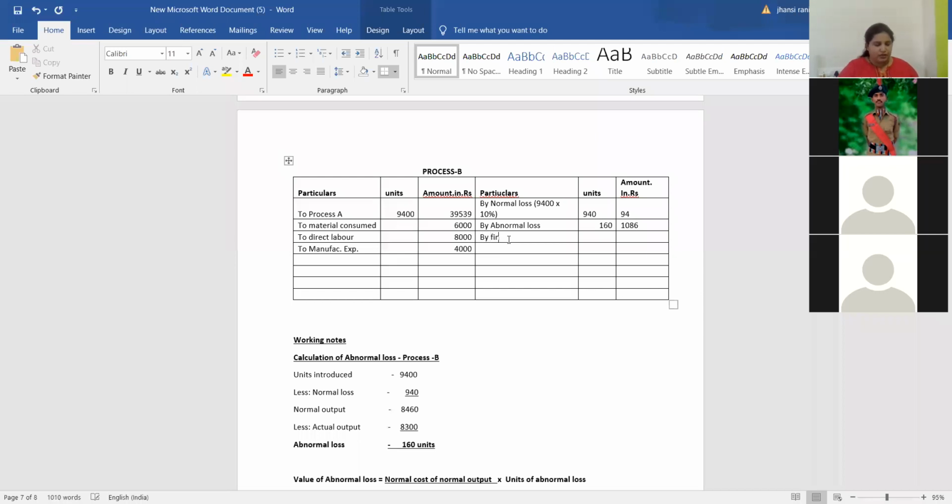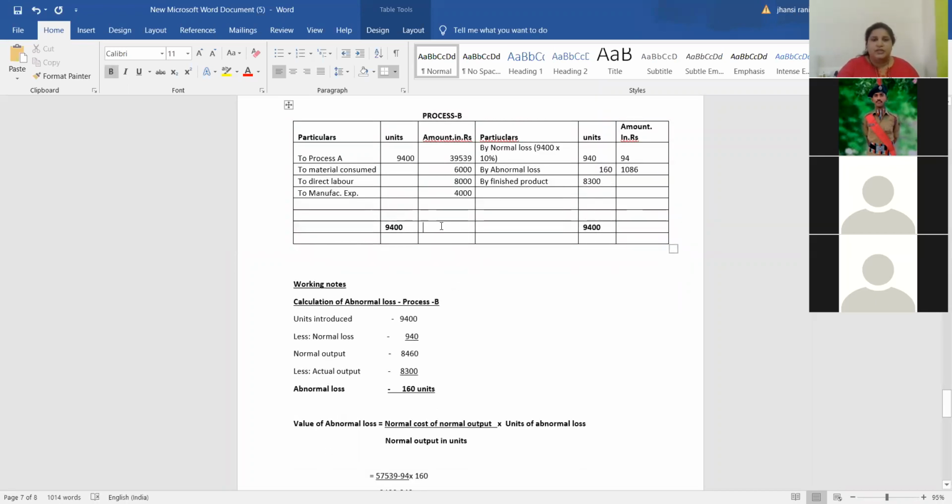By finished product, whatever the balance we have, we are transferring it to finished product. So here 9,400 is the total units, and on the credit side also 9,400. And finished product will be 8,300. And the amount will be, total here, 57,539. Here also 57,539.